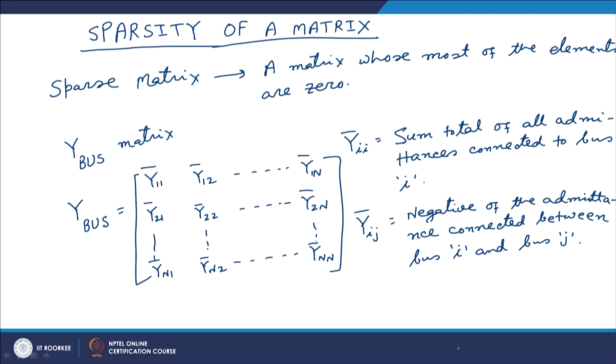This admittance which is connected between bus I and bus j is nothing but the line admittance connected between bus I and bus j.